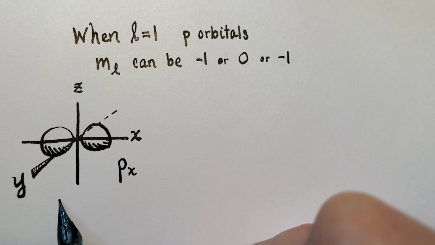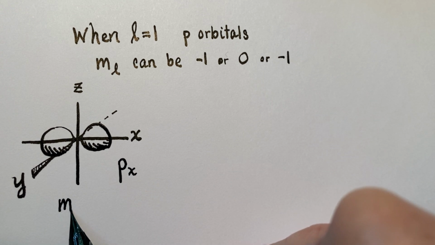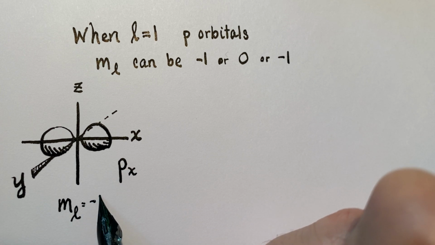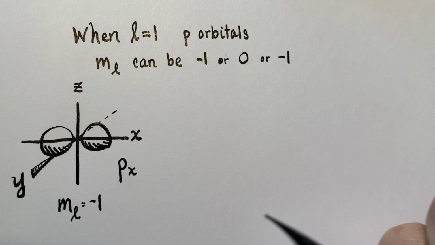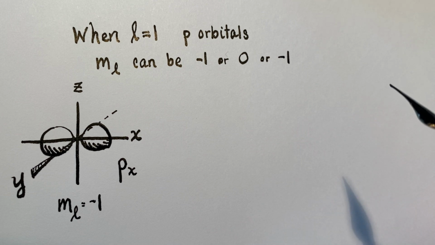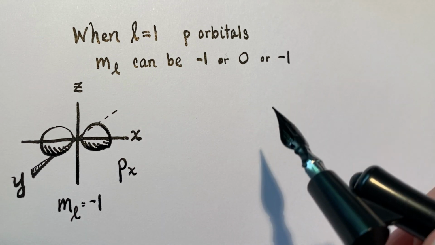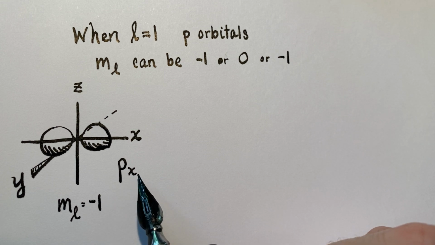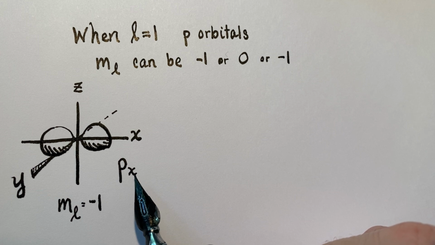And I am going to label this as m sub l equals minus 1. Now, depending on what level of chemistry you're at, it is totally fine to define m sub l being minus 1 to be matching the px orbital.